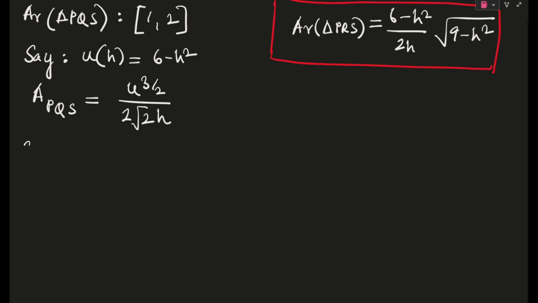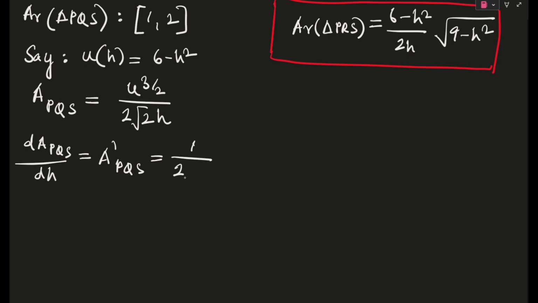So now if we differentiate dAPQS by dh, or rather we can call this A dash PQS, this thing will come out to be, I guess, if we evaluate, okay, I have this thing ready with me, so I am writing directly the result. I'm writing everything, just the calculation I will jump one step.